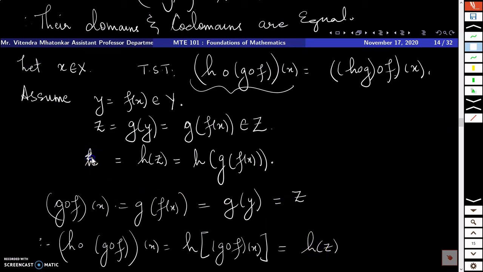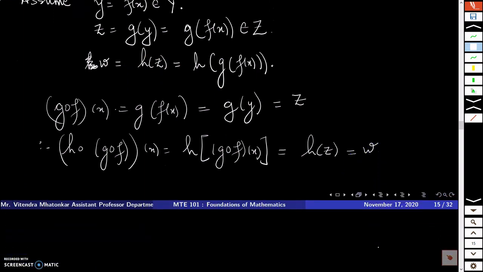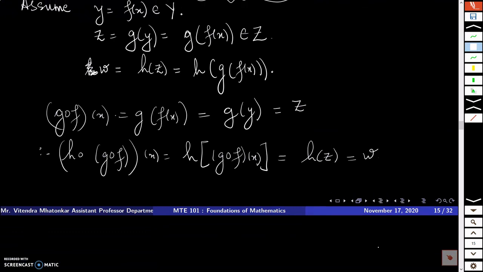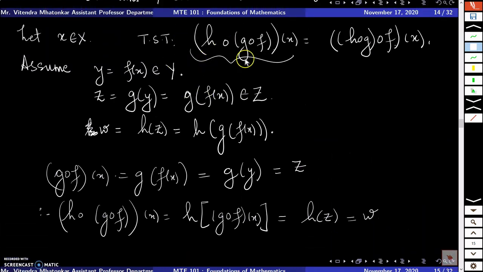So I think this h might create a confusion. Let's call this a small w. I think, yeah, that's better. And h of z is nothing but w. So what we have shown is h composite g composite f of x is w. Okay, so this left hand side here is w. Now we need to compute the right hand side and show that it is also turning out to be w. So both of them will be equal to each other.